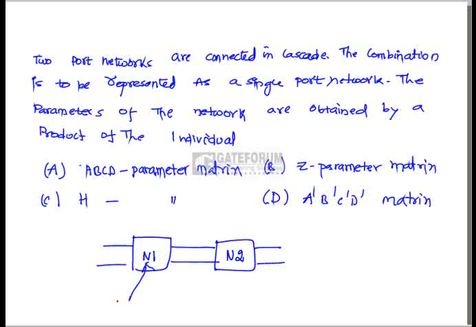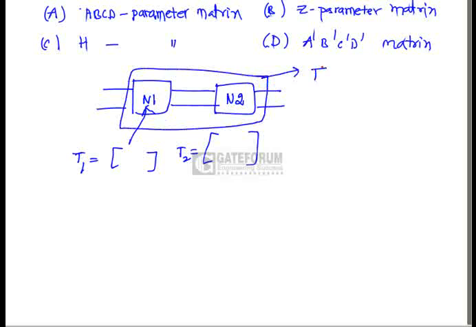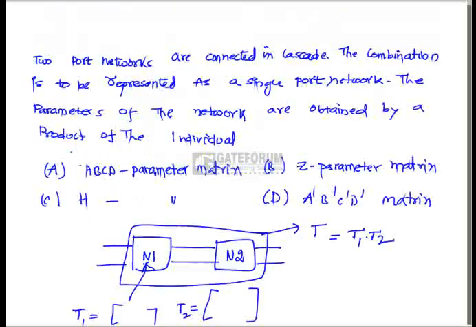Suppose N1 has a matrix T1 and N2 is represented with a matrix T2, then the whole network is represented with a T, which is nothing but the product of T1 and T2, because we are assuming the individual matrices are T parameters, then only we can take the product. So option A is correct.